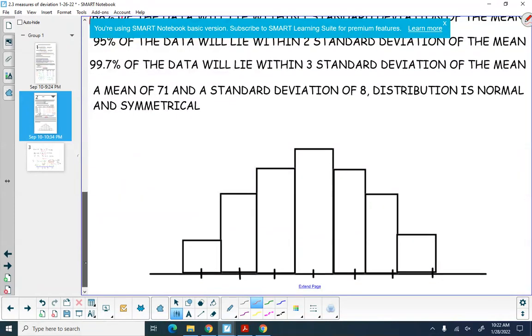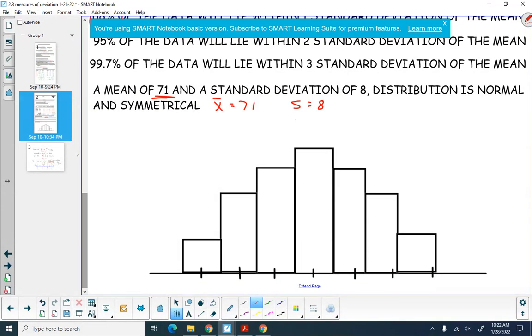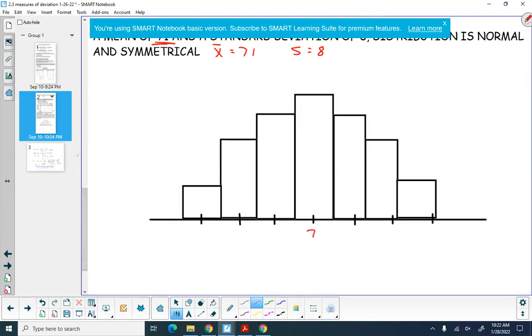Well, suppose we have a mean of 71, and we have a standard deviation of 8. The mean value of 71 is going right here. The mean, median, and mode are all going to be in the same place.